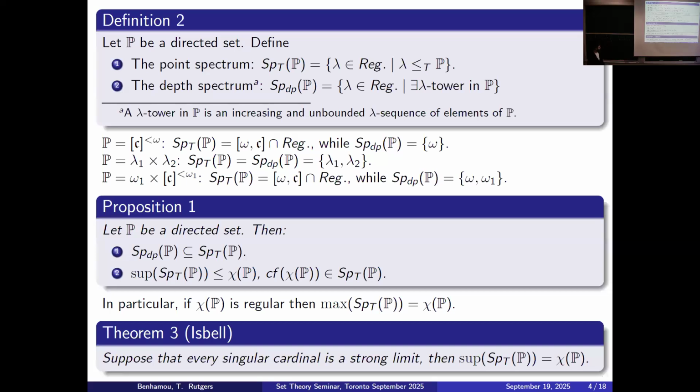And Isbell showed in his 65 paper, I think, that, supposing every singular cardinal is strong limit, so under certain cardinal arithmetic assumptions, even if the character is singular, you still get it to be the supremum of the Tukey spectrum. A natural question to ask here is whether it's a ZFC fact that the character of P is the supremum of the spectrum.